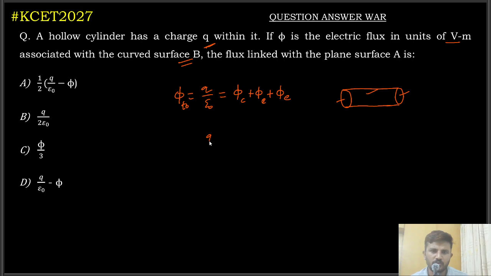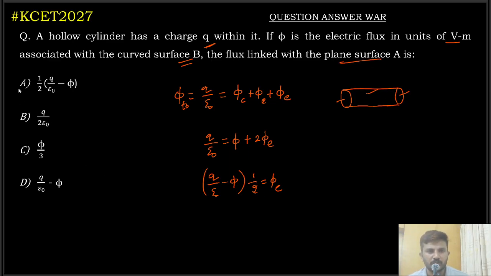So Q by epsilon naught is equal to the flux through the curved surface, phi, plus 2 times the flux through the end surface. So we take phi to this side: Q by epsilon naught minus phi. Then 2 will come down, 1 divided by 2, equal to the flux through an end surface. They are asking for the flux linked with the plane surface or end surface, so that is 1 by 2 of Q by epsilon naught minus phi.